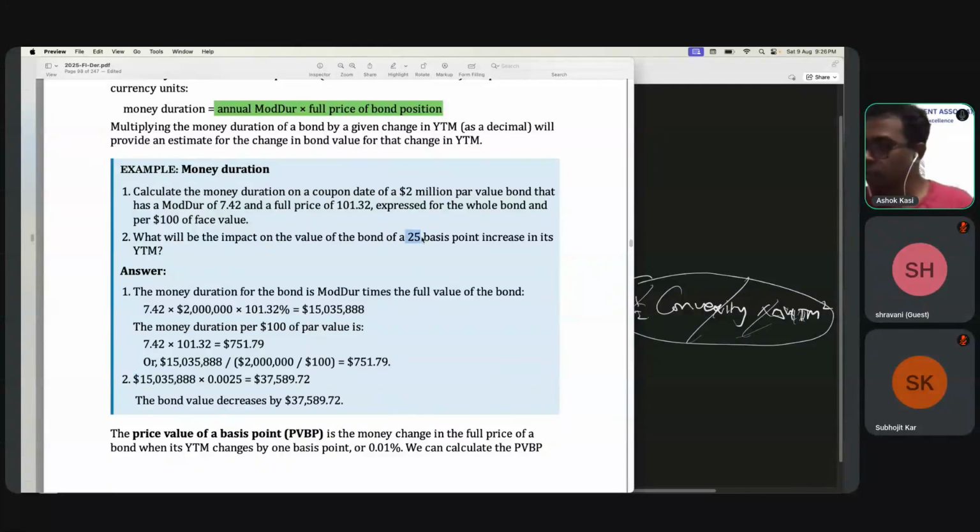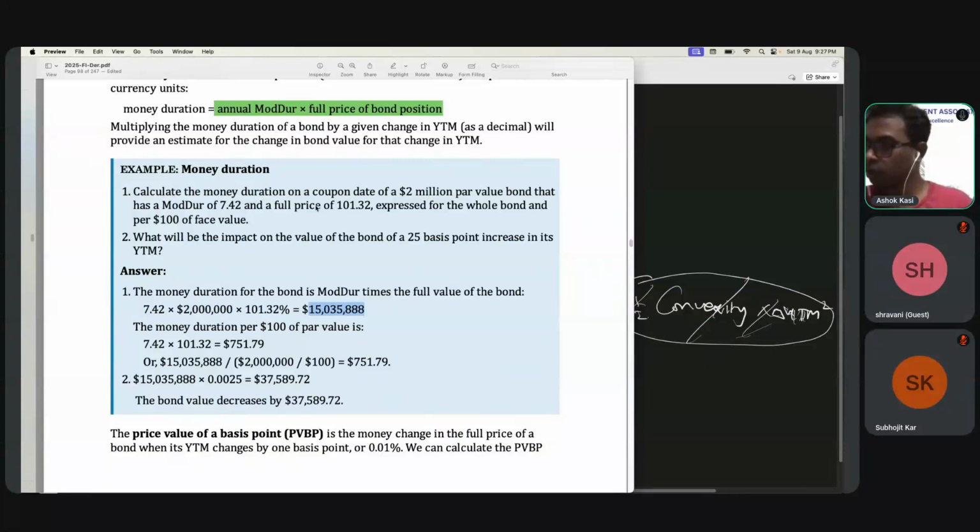Acha, here they said 25 basis point. So this is the duration, total duration, 7.42. 7.42 is the modified duration into total value of the bond, which comes to this much is the duration.